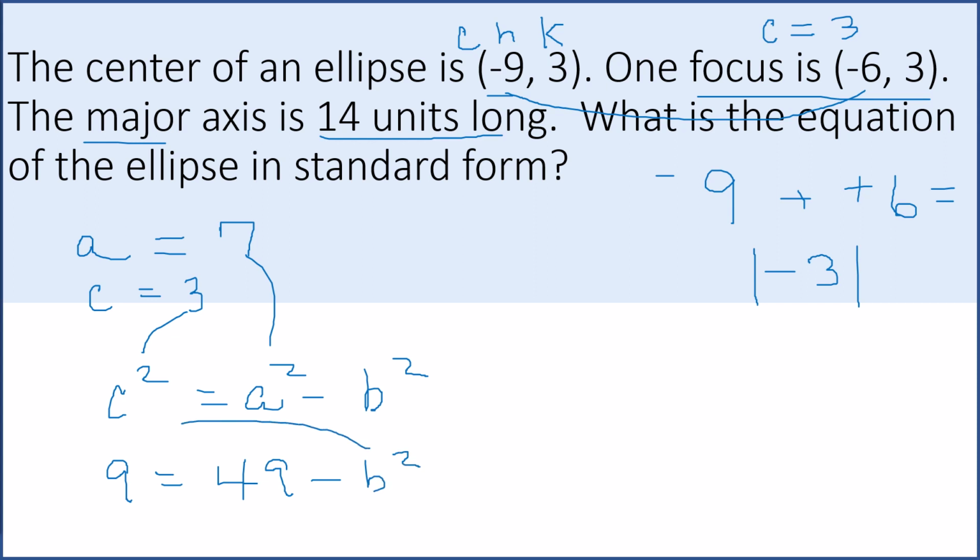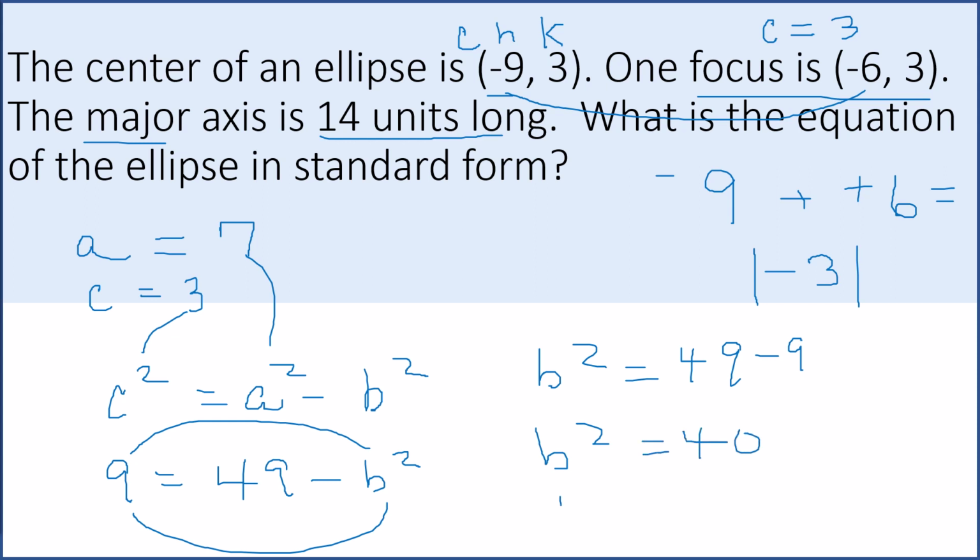All right, let's switch places here. Subtract 9 and add b squared. So we'll get positive b squared is equal to 49 minus 9. So b squared is equal to 40. Or b is equal to positive or negative... Do we want the positive or negative? No. b is equal to the square root of 40.